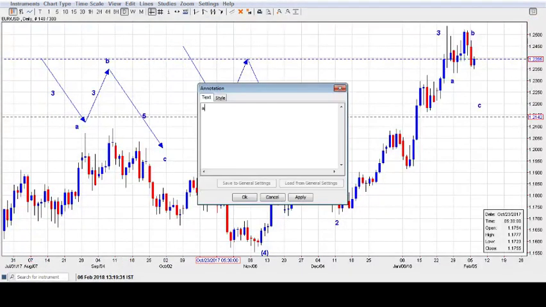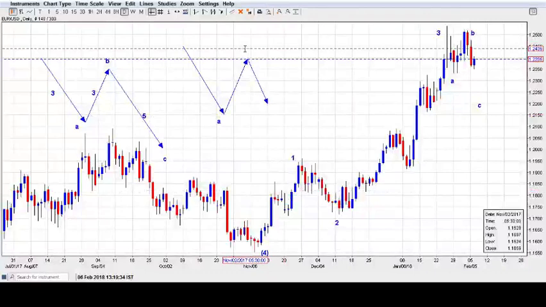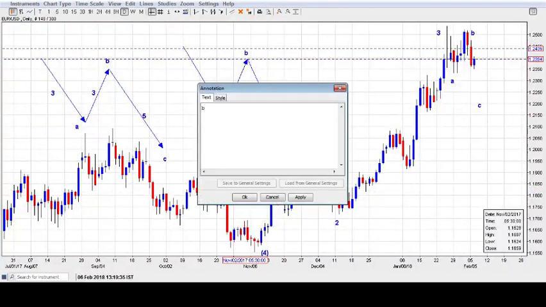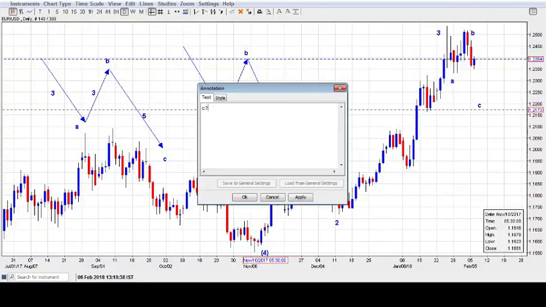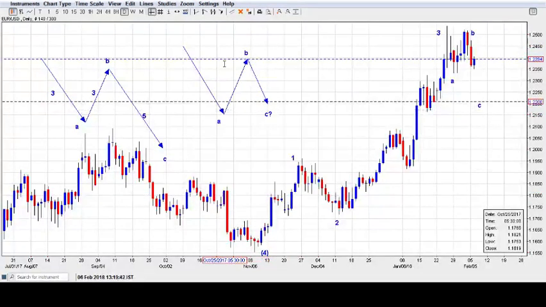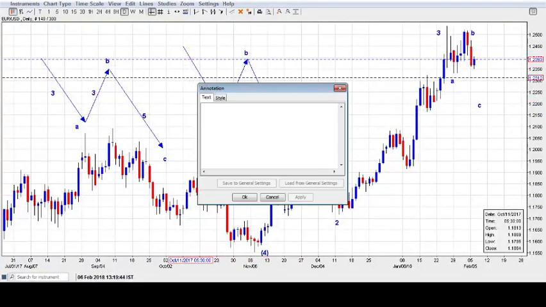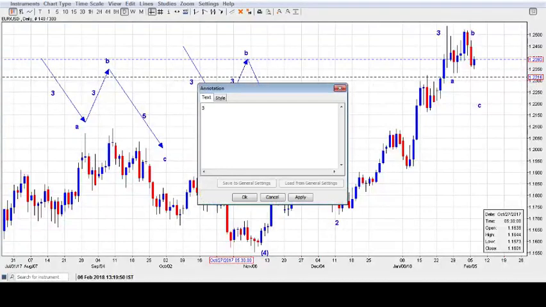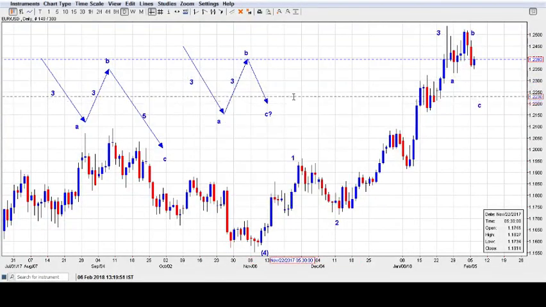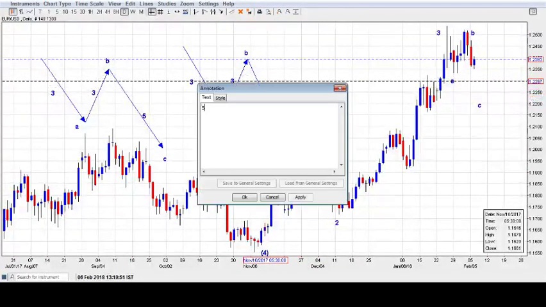Here we've got the first wave A, wave 2, that is wave B, and wave C might just fall short of dropping itself lower from the termination point of wave A. That is a probability. I'm not saying it's a certainty.